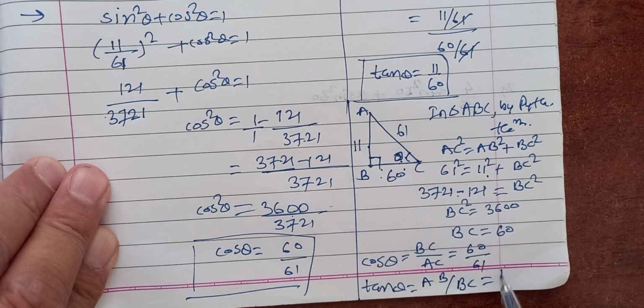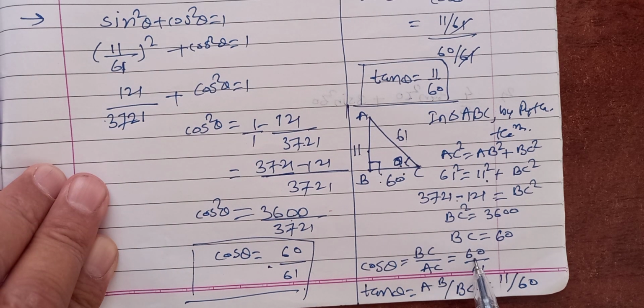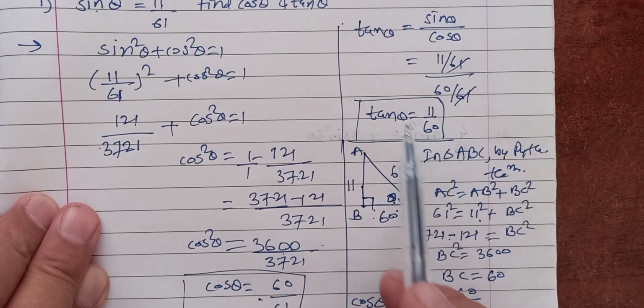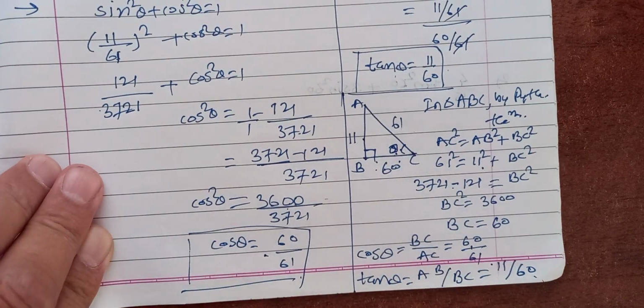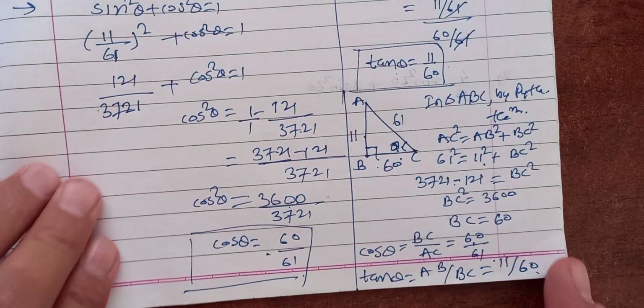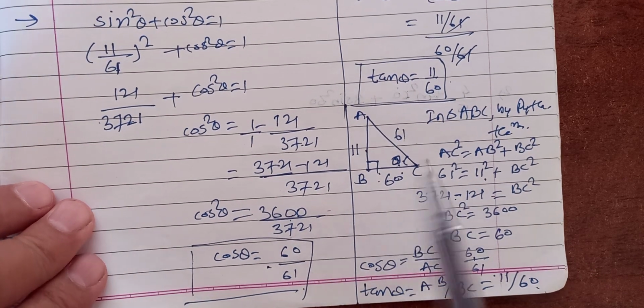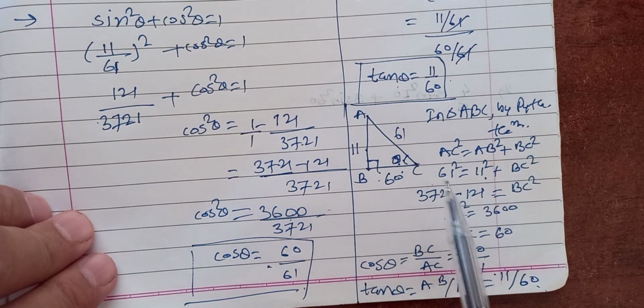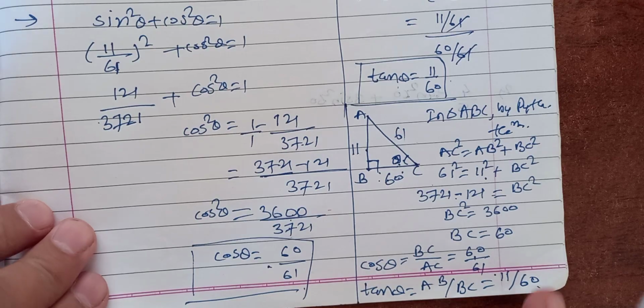AB is 11 and BC is 60. See this one: cos theta 60 upon 61, here also 60 upon 61. Tan theta 11 upon 60. Means by using this method, easily you can find all the ratios, all means tan theta, cot theta, sec theta, cosec theta. For the first method, you will get only one value and then you have to find the remaining ones.